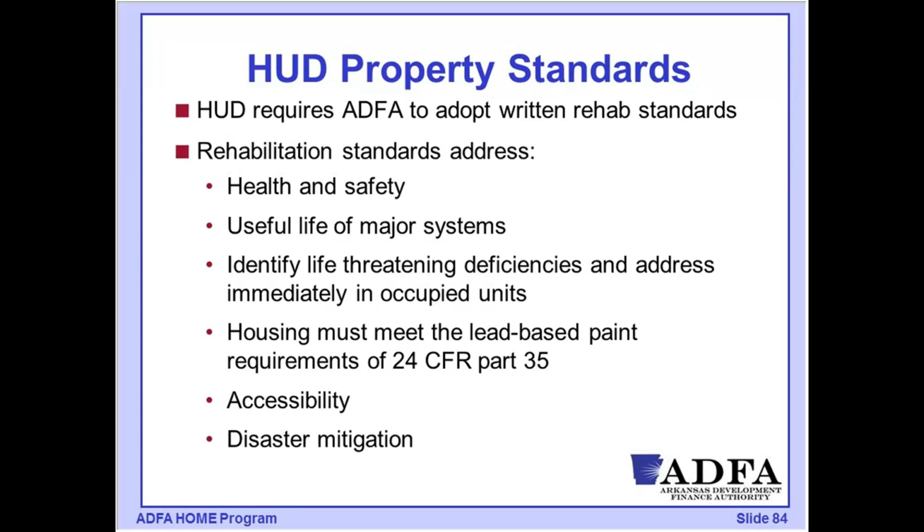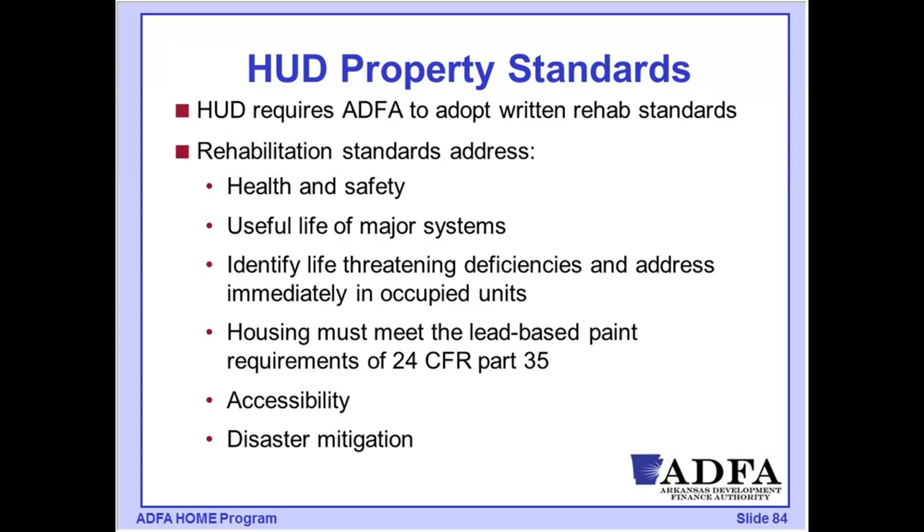Accessibility requirements may also apply, and we are all, of course, going to try to make sure that our units are made accessible for the needs of the occupants. And then HUD requires that in disaster-prone areas, if there are disaster standards in place, those also be applied to properties when we're rehabbing them.